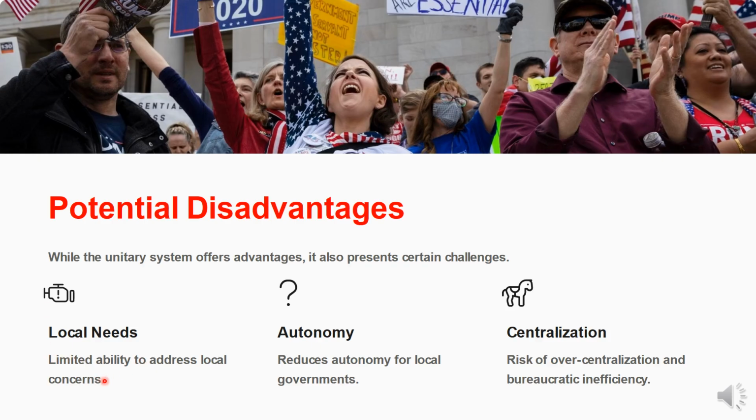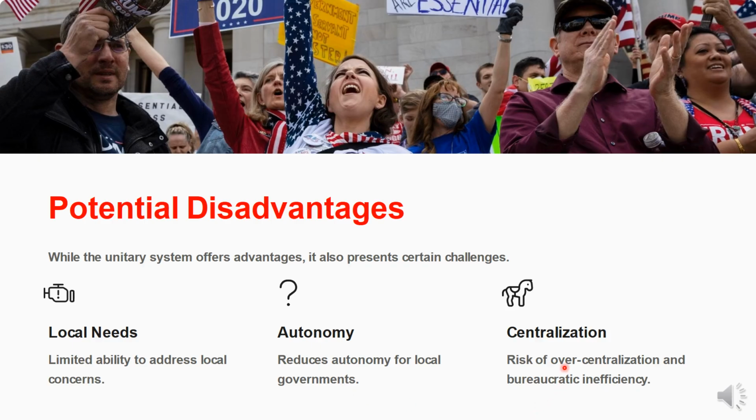Local needs, limited ability to address local concerns. The central government may not always be aware of or responsive to local needs and concerns. And it reduces autonomy for local governments. Local governments have limited power and autonomy, which can lead to a lack of responsiveness to local needs.